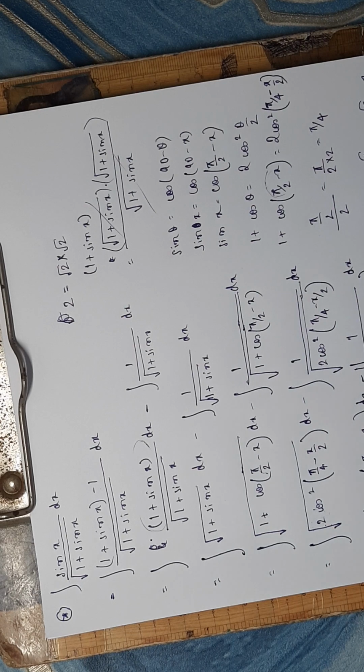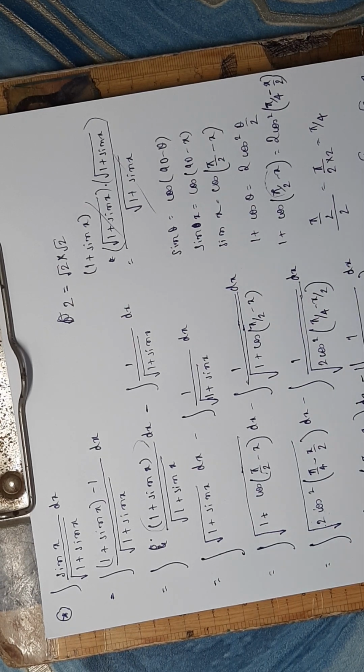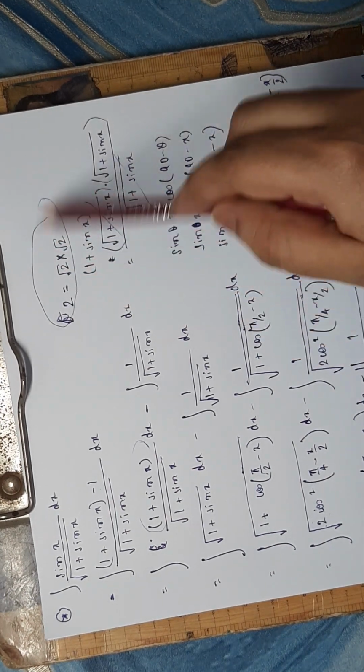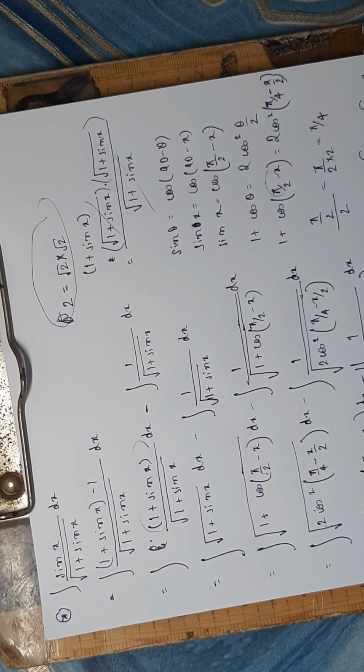I hope you understood this problem. I broke down the problem to the maximum level possible. I also showed you things which it's expected that you would know, but since I told you that I'd be teaching everything from scratch as much as possible, I'm trying to abide by that, and I hope you're understanding whatever is being taught.